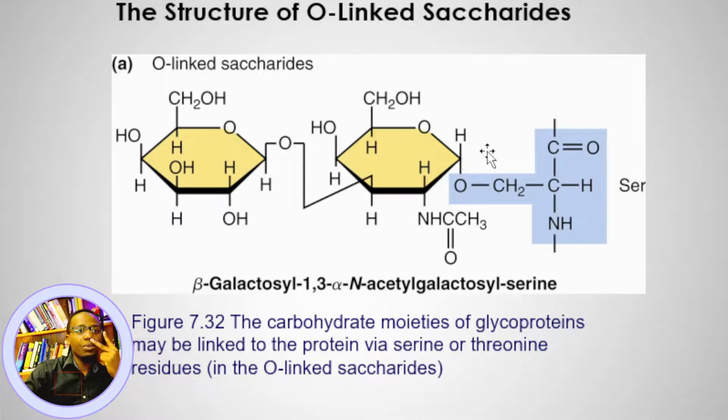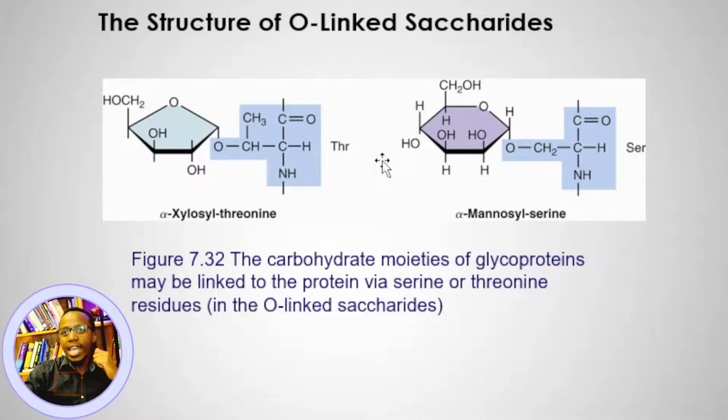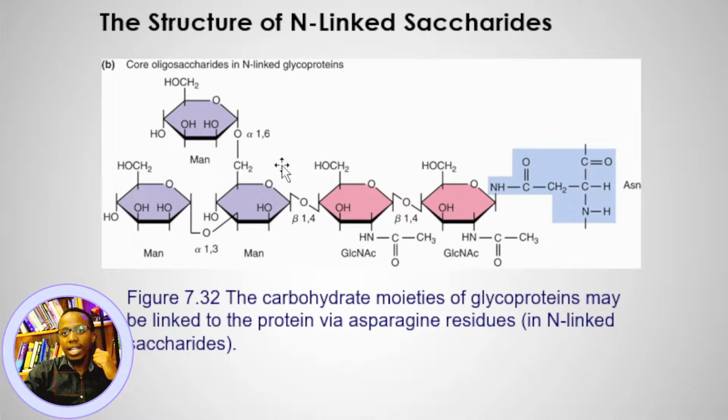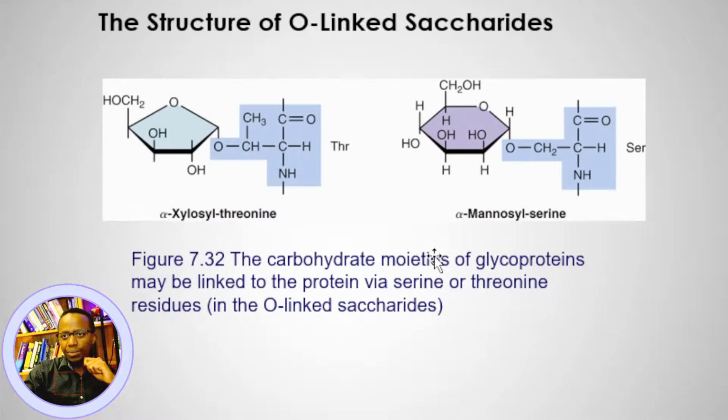And we have two types of glycoproteins. One that's bound, we call it O-linked because it's linked by an O group. And then we have ones that we call N-linked. N-linked are bound by the N group, right? So here, for example, it's bound to asparagine. So the N of asparagine binds to this sugar molecule.